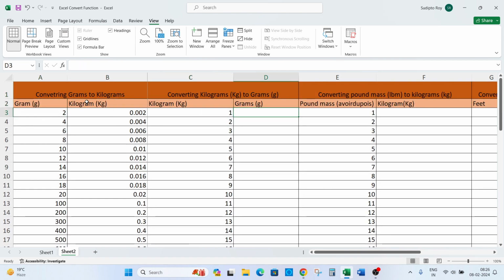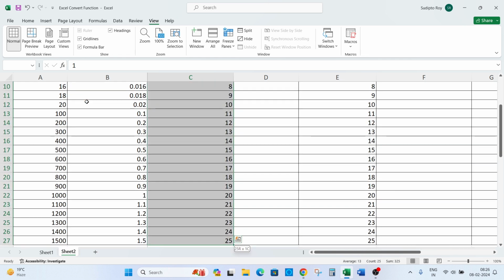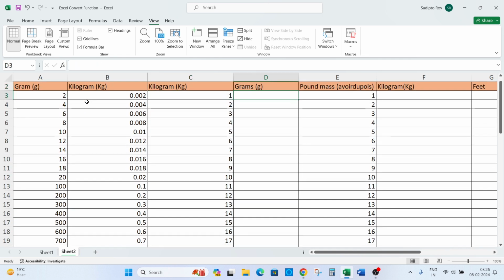Now doing the reverse calculation, converting kilograms into grams, I've got from 1 to 25 kilograms here. Let's try and convert this into grams. We'll use the same formula here.